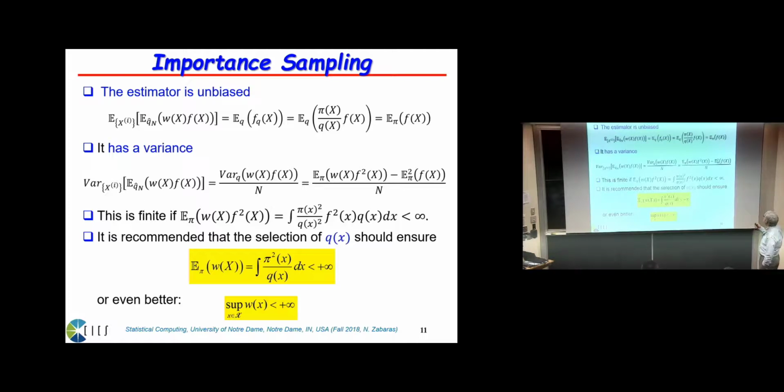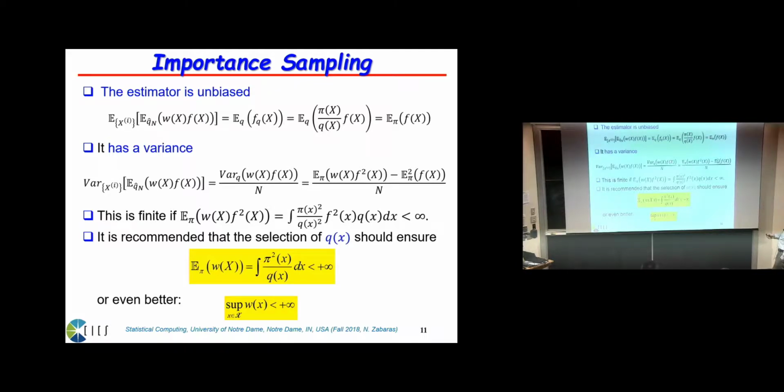And if you expand it, you may say, wait a second, where did you get this type of thing? Here is an expectation with respect to pi. You know what the first term is supposed to be? It should be an expectation with respect to Q of W squared, F squared times Q in the integral. The variance is the expectation of the argument squared minus the expectation squared, right?